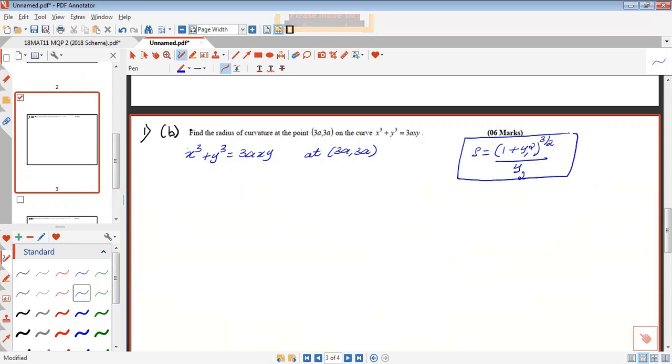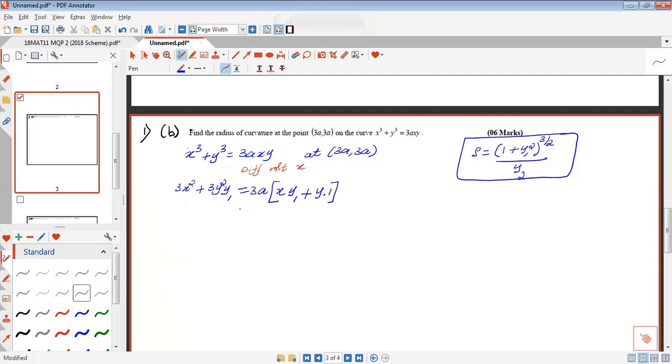Okay, now differentiate and get the value of y1 here. So I will differentiate this Cartesian curve with respect to x. You will get 3x square plus 3y square dy by dx, I will write it as y1, is equal to 3a is constant, differentiation of x into y, product rule, x differentiation of y is y1 plus y as it is, differentiation of x is 1.